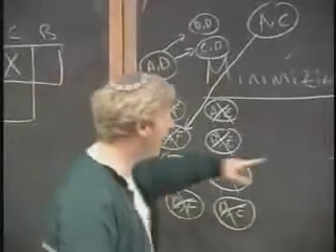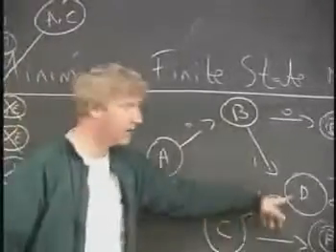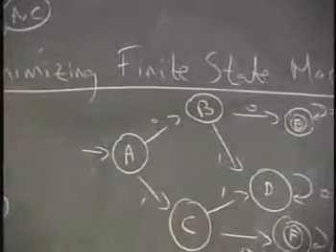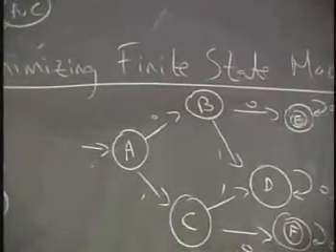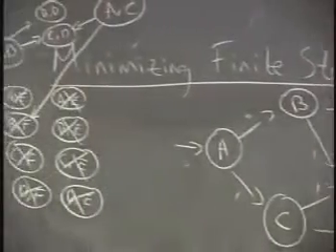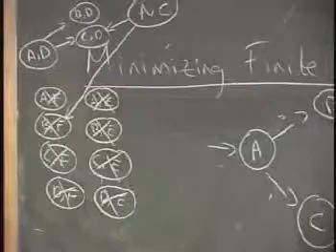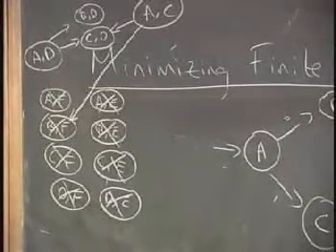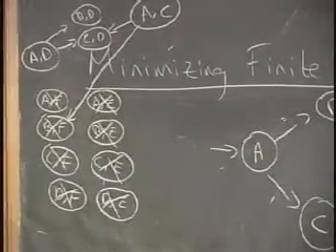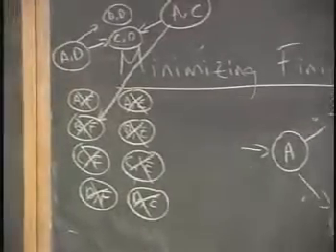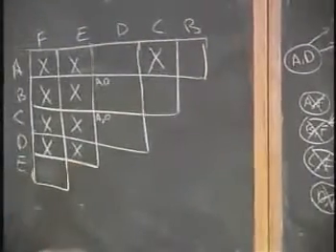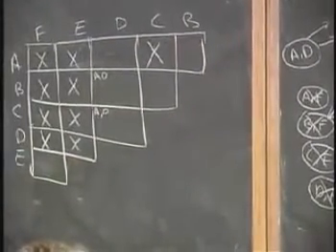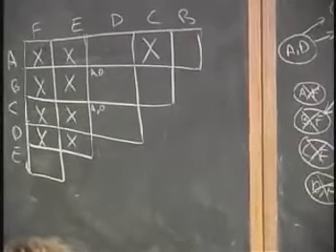And AC on a 1 goes to CD, which is here. In the algorithm, we would not go ahead on the CD line and put AC, because AC's already been X'd. There's no reason to add it there. And if you're saying, hey, what if I had looked at the 1 first? Well, then you would have put it there, and that's the way it goes. There is some arbitrariness to what order you do this.